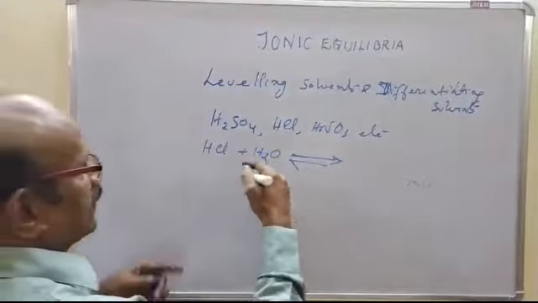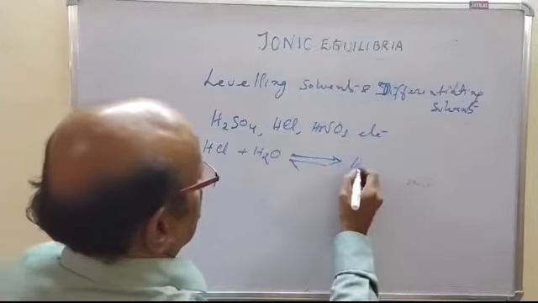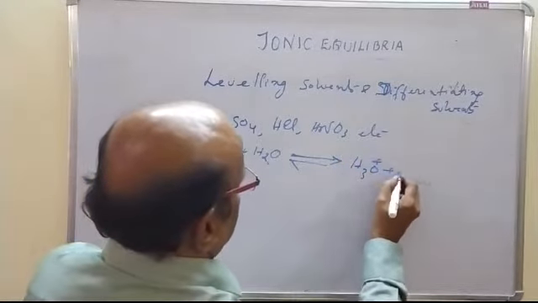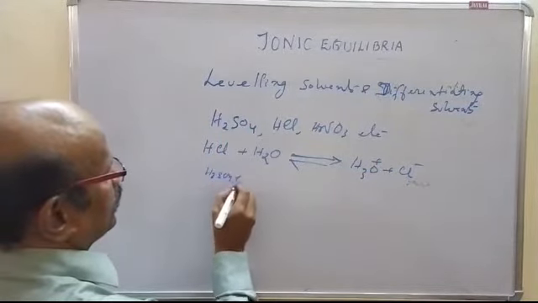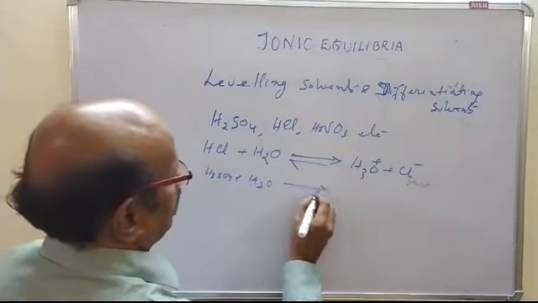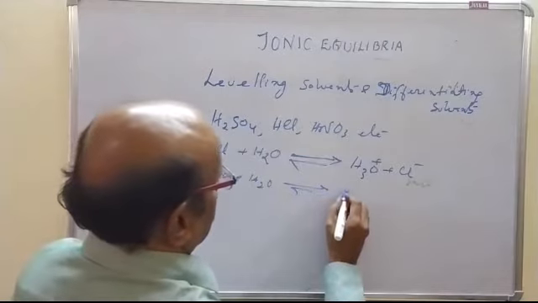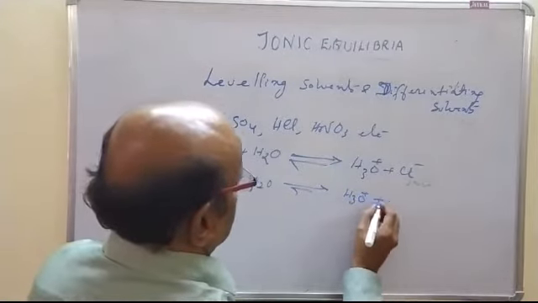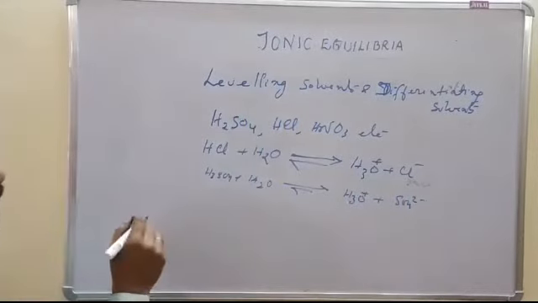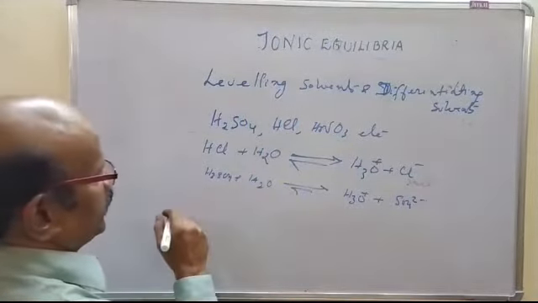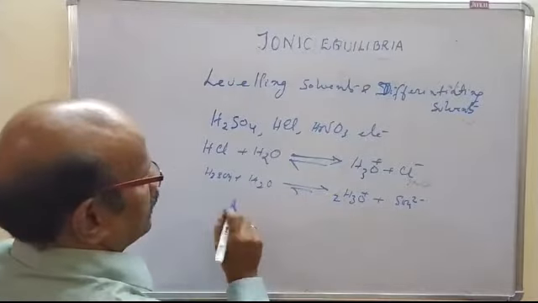Water causes ionization to the same level, giving H3O+ and Cl-. Here, H2SO4 plus H2O gives H3O+ and SO4 2-.